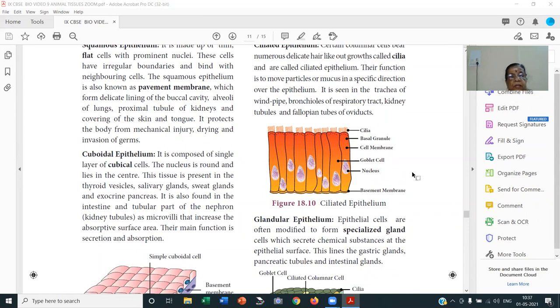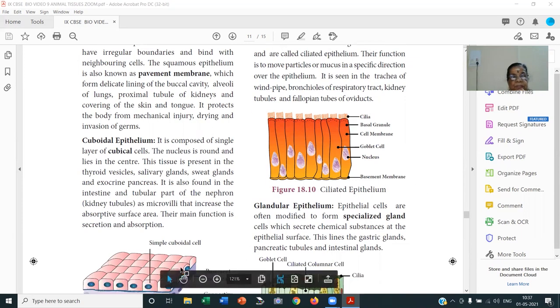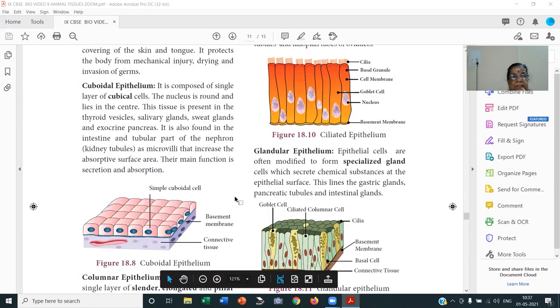Then it is cuboidal epithelium. It is composed of a single layer of cuboidal cells. The nucleus is round and lies in the center. The dark blue color marks the nucleus.